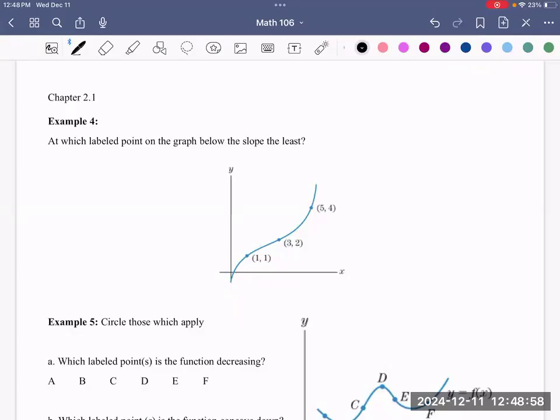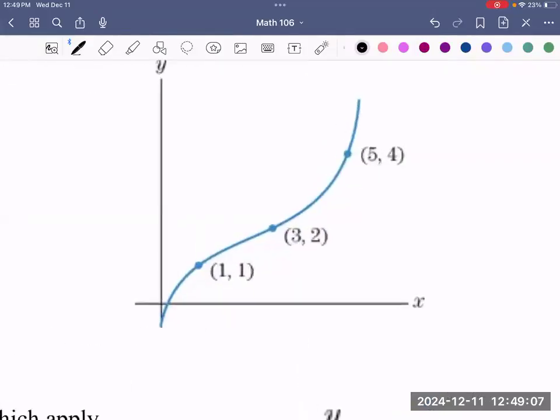At which point labeled below on your graph is the slope the least or the smallest? So if we were to draw some points through your graph here, let's see. There we go. So here being your tangent line.